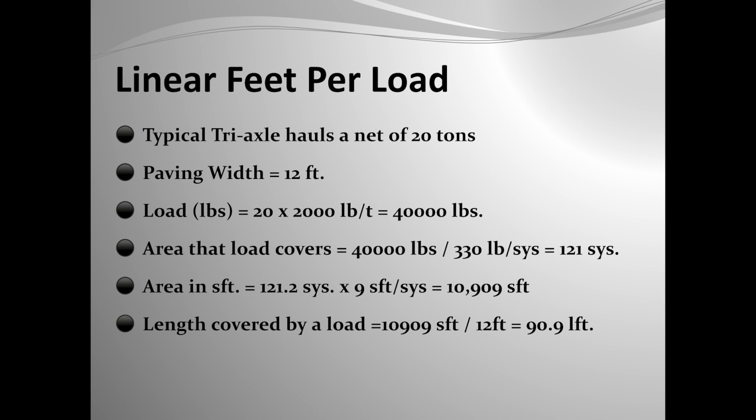You get 10,909. And knowing that the length covered by that is a 12-foot wide lane, you can see that it's 90.9 linear foot. So this tells you 1 truckload of material that's 12 foot wide, and in this case, 330 pounds per square yard is, when it's all said and done, going to cover right under 91 feet.